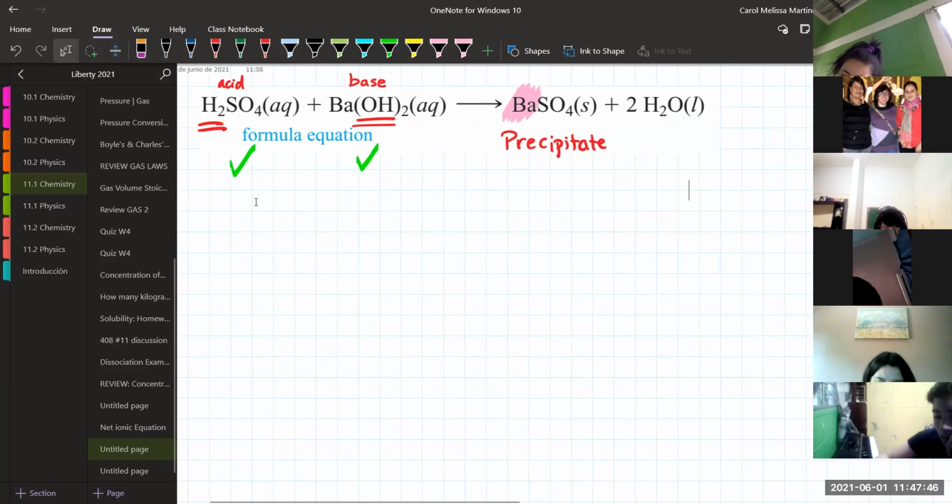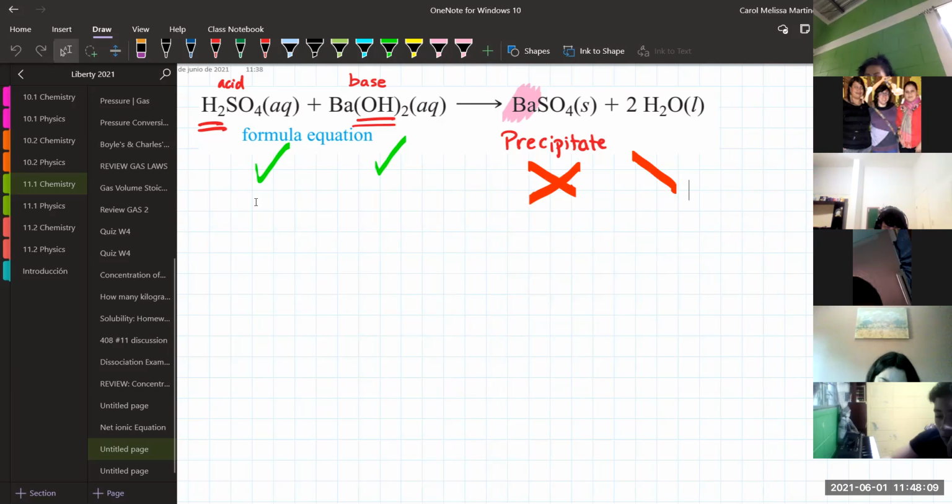Now, remember, those that are aqueous are the ones for which you're going to do the dissociation equation. So, dissociation equation for the acid, for the base, but not for the precipitate and not for the water.